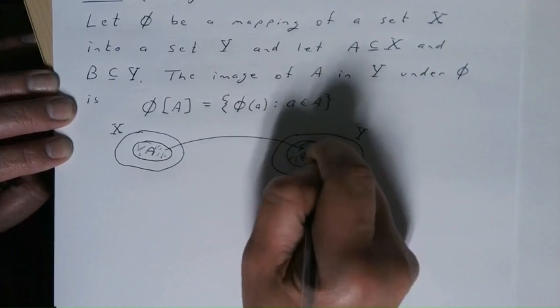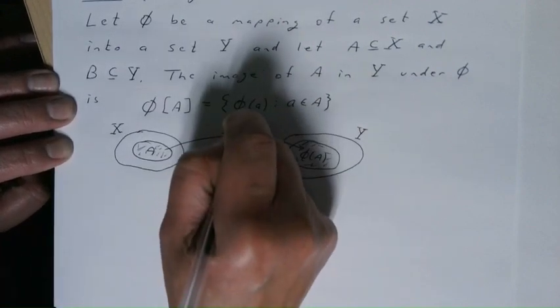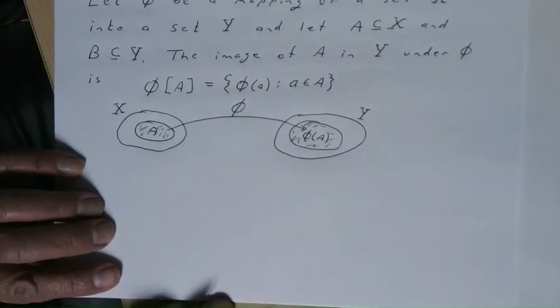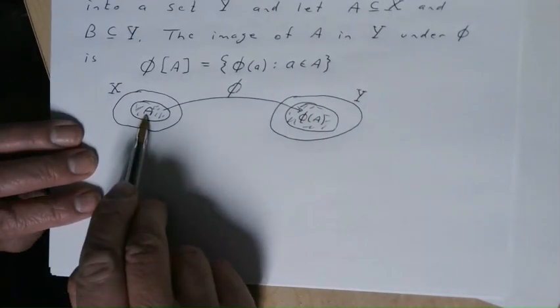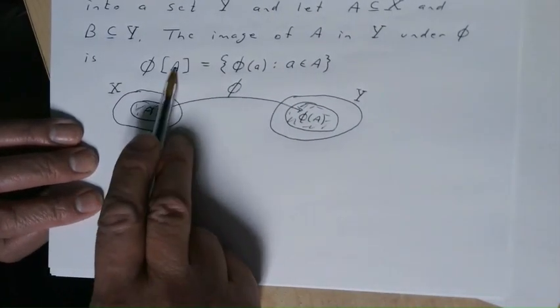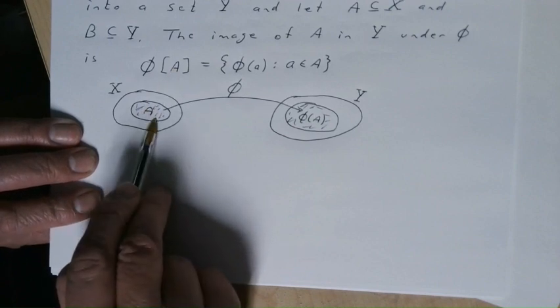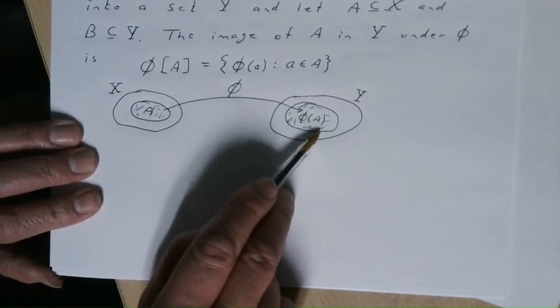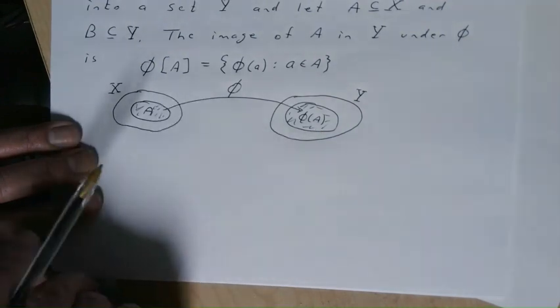So just a typical picture of a mapping: you put in some values from this subset A, and they map to this phi of A.